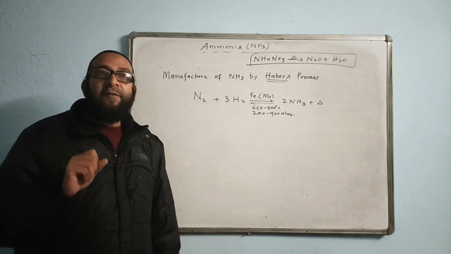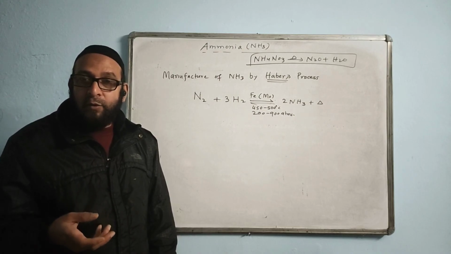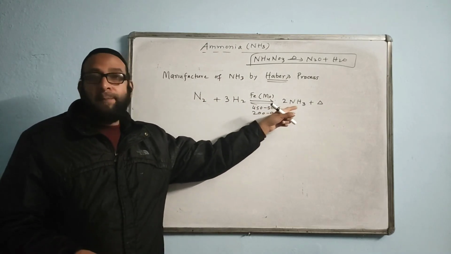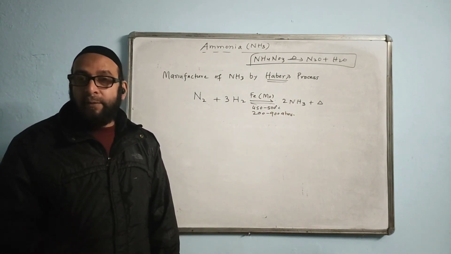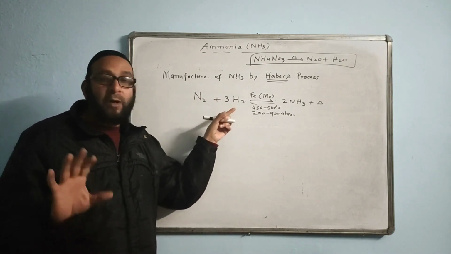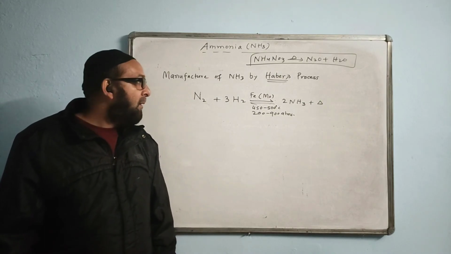A question later: which property of ammonia enables it to be separated from the uncombined nitrogen and hydrogen? The property of ammonia is that it is most easily liquefiable. That's why we can easily liquefy it, whereas N2 and H2 are difficult to liquefy. They do not liquefy easily.